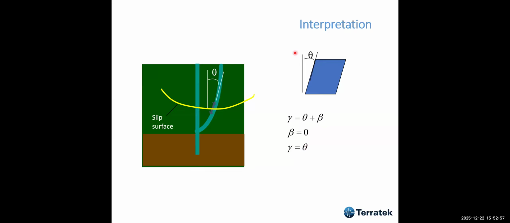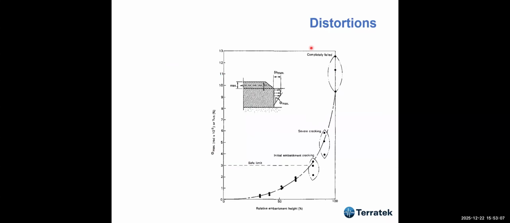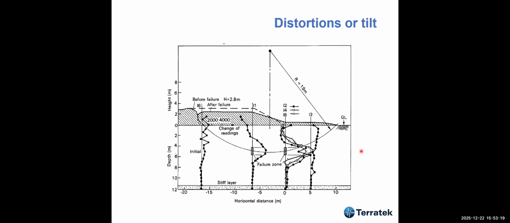So that's why the inclinometer is a very good tool to measure the proximity of failure. In the case of this embankment, above this safe limit there was severe cracking of the embankment, until failure. Distortion tilts, therefore, are very important in order to control failure.